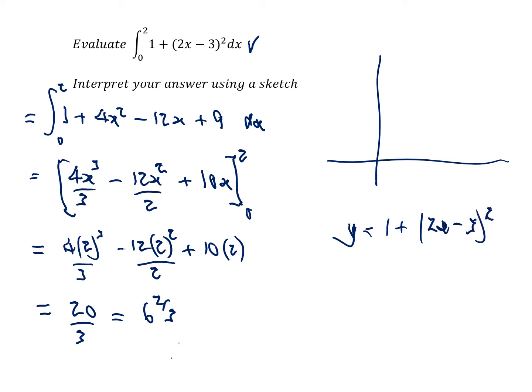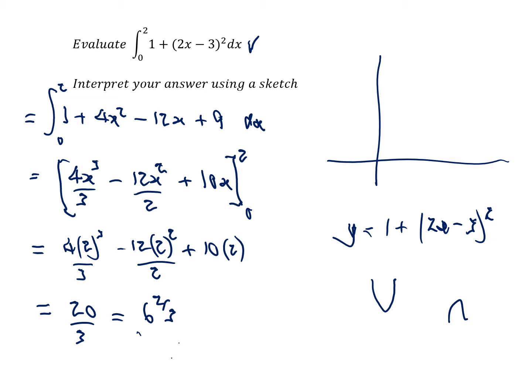Forgive my handwriting. One way of looking at this, it's obviously a quadratic, and it's a smiley quadratic, not a sad one, because the coefficient of x squared is positive, it's 4. So I'm going to look at the minimum value of y.